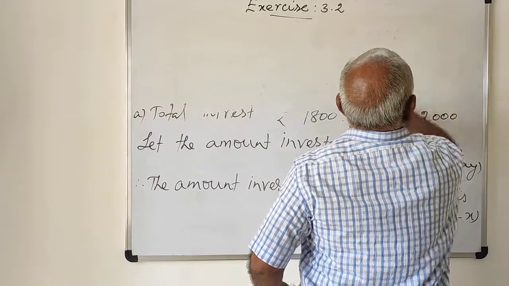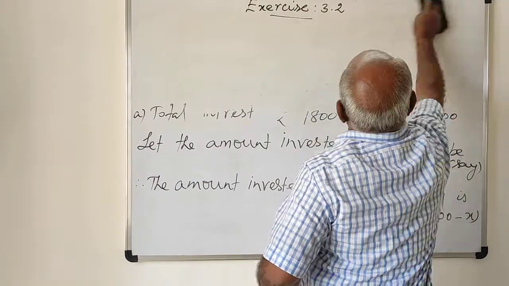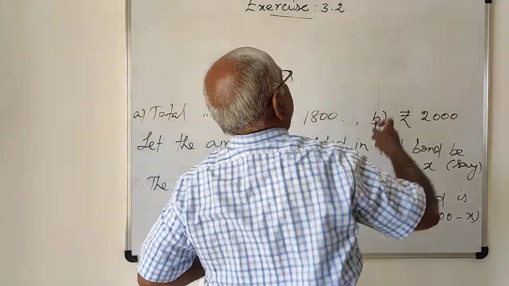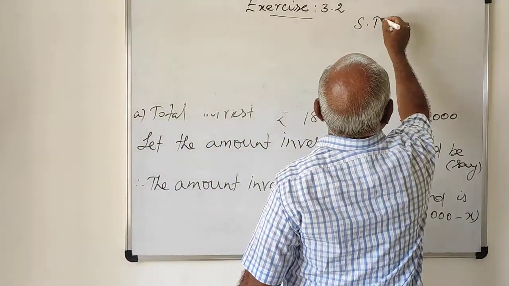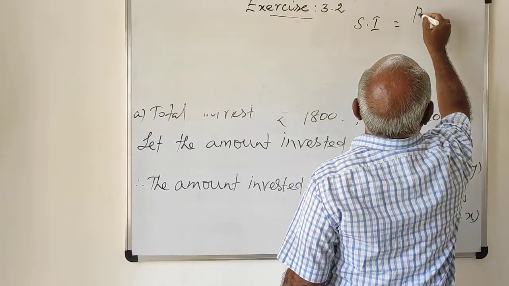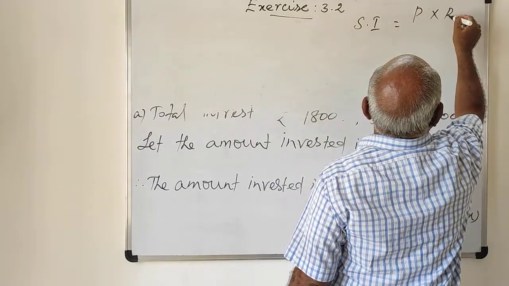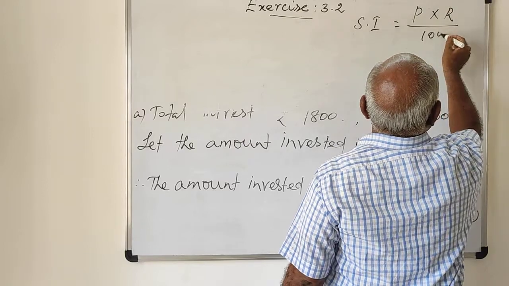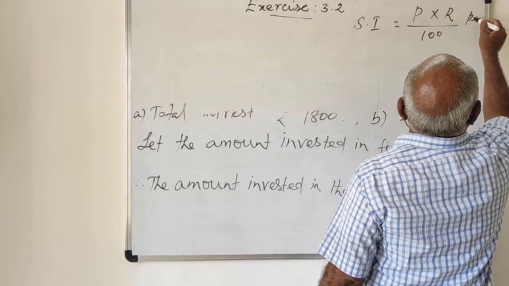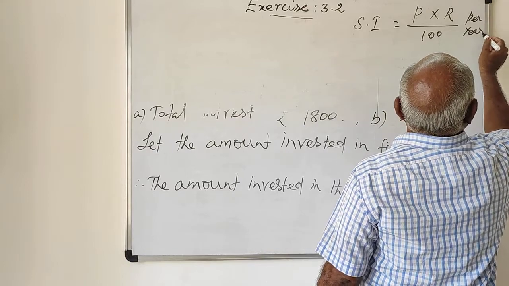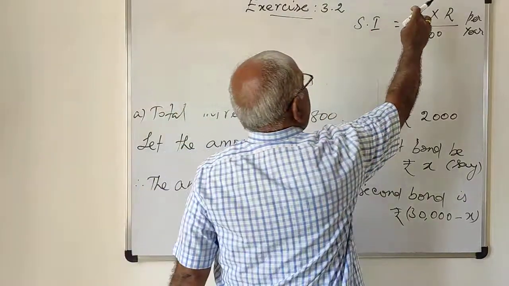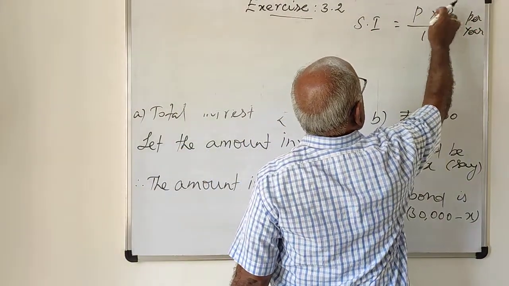You know, by the simple interest formula, SI, simple interest, is principal P into R by 100, where n is 1 year. For simple interest for 1 year, PnR by 100 becomes P into R by 100.